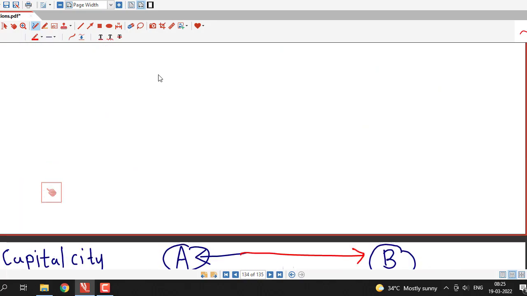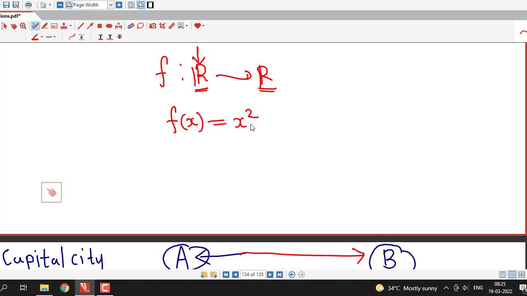Suppose I consider another function from the set of real numbers to the set of real numbers given by f(x) equals x square. Then this is also a function from R to R. We can assign to every real number its square. So for every real number there is a square of that real number in the codomain, and that square is unique.